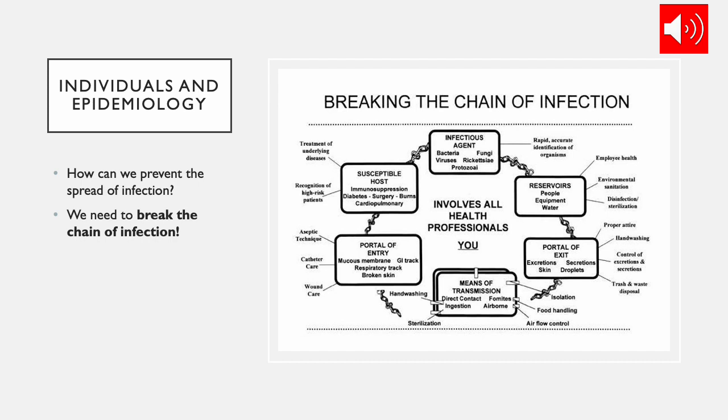And lastly, they do need a susceptible host. So this doesn't always mean that you have health issues, but they do need somebody susceptible. So this could also include immunosuppression, which are higher at risk, your diabetics, your people who recently had surgery, burn patients, things like that.